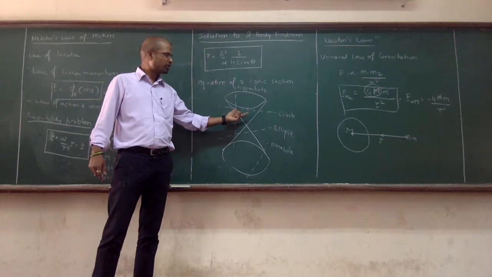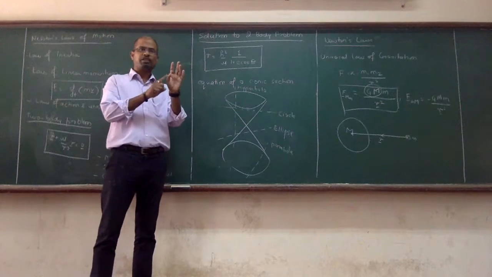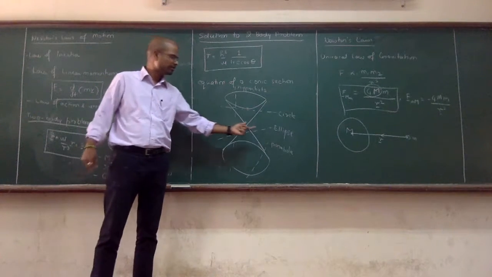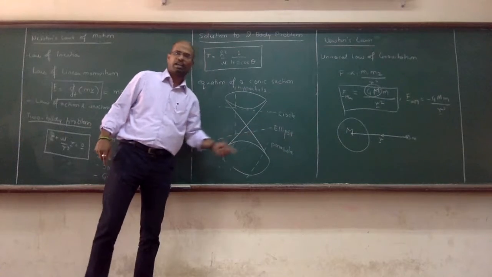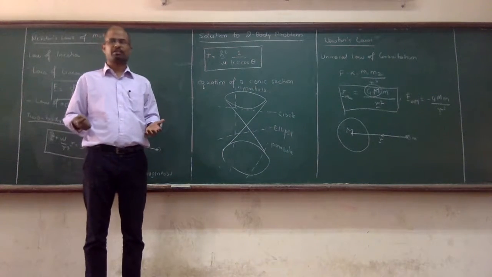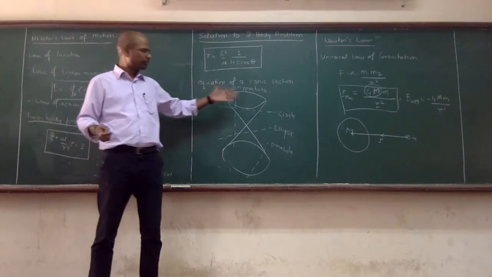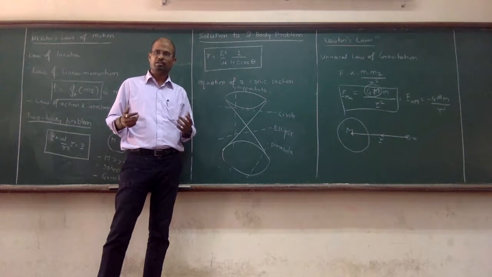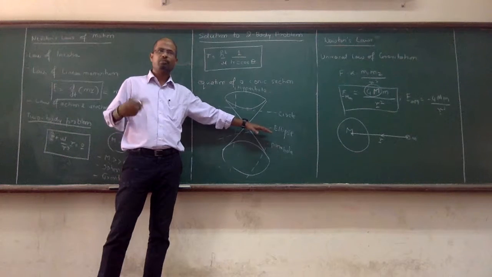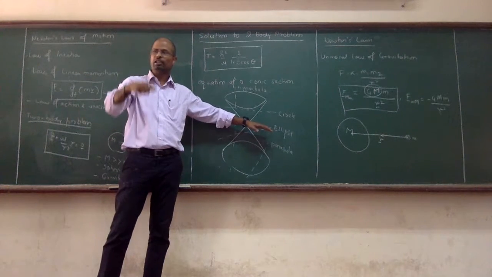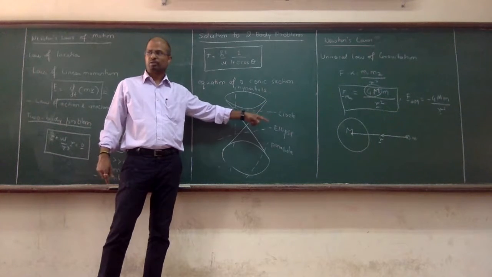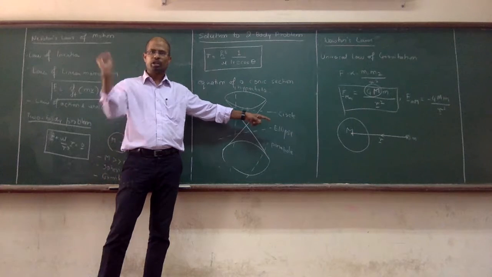See, Kepler's law specifically talks about planets, the sun, and ellipses. So Newton generalized that. Only when this came out could we think that not just the sun and planets, but if you throw anything there, it is going to follow one of these trajectories.